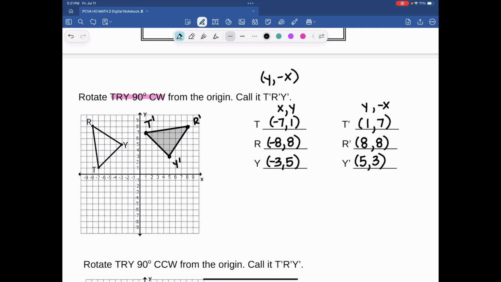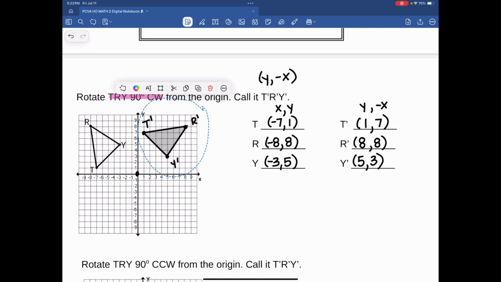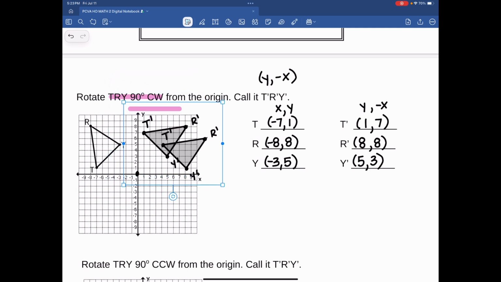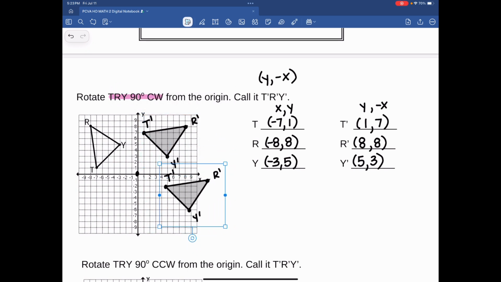I know it's kind of hard to visualize. Again, I can try to help visualize this a little bit. I'm going to have to work backwards on this because the original is part of the notes, but I can copy my own handwriting here. So originally we rotated it 90 degrees clockwise.